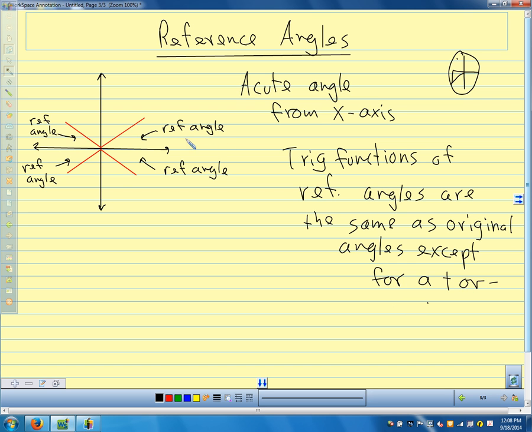So in this first quadrant, how would the reference angle be related to our original angle? So say we're at a 30 degree angle here. How would the reference angle be related? We're measuring from the positive x-axis. They're the same. The reference angle is the same.